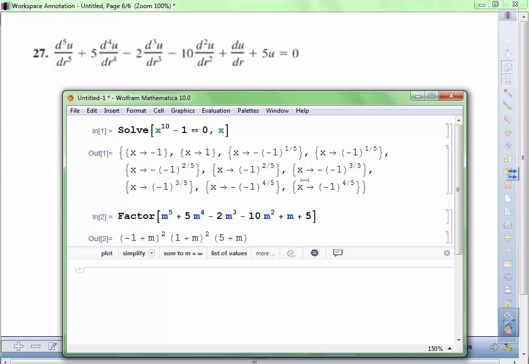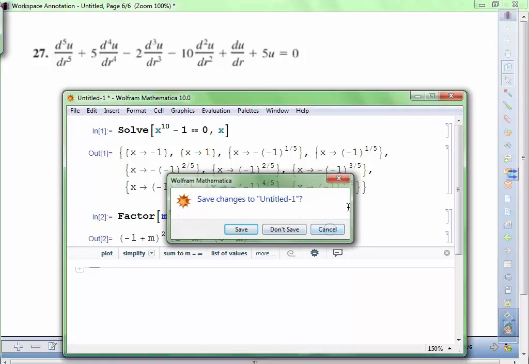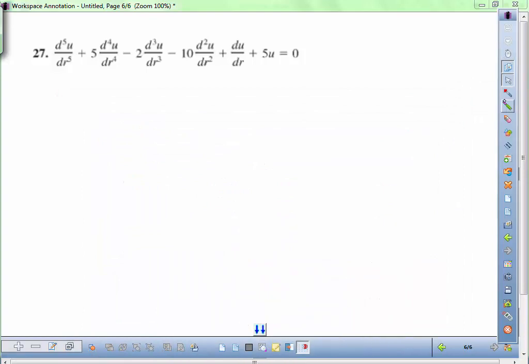Oh, this has multiplicity of 2, so let's not do this one. Sorry, I'm going to change the problem.